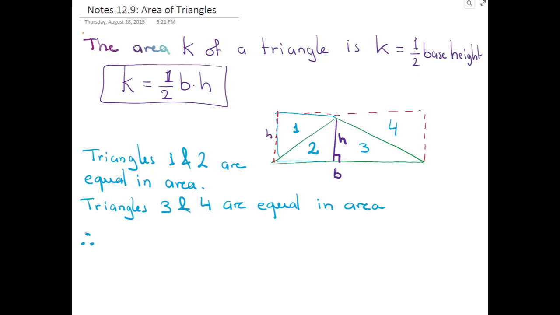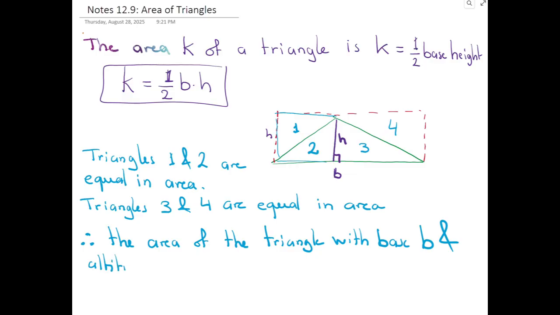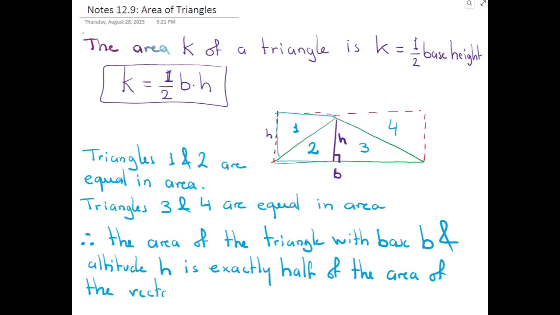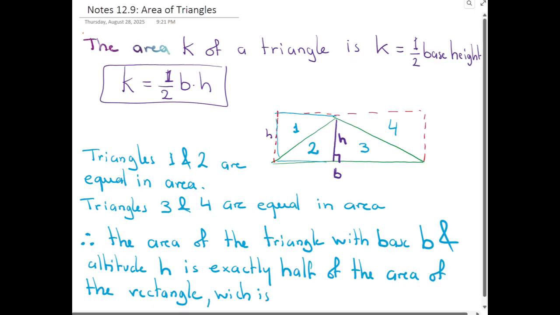Therefore, the area of the triangle with base B and altitude H is exactly half of the area of the rectangle, which is BH.